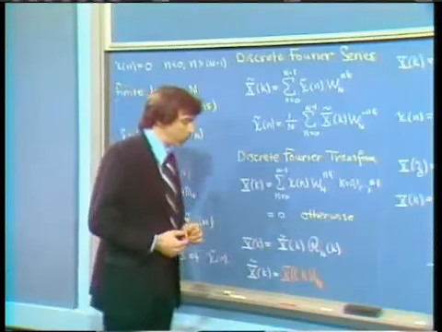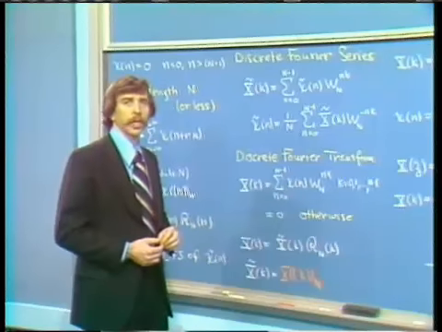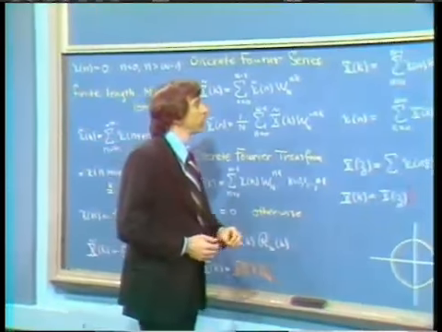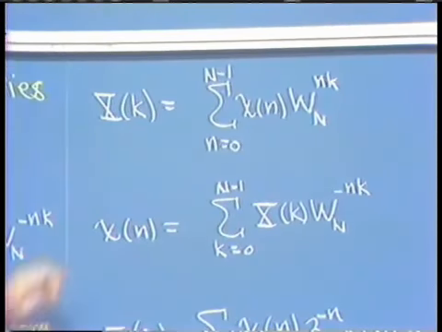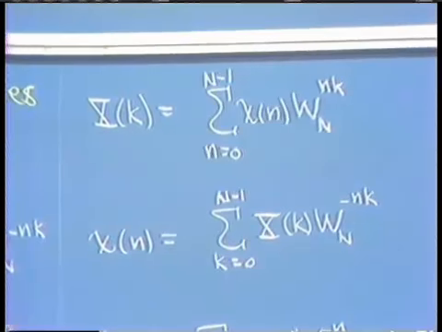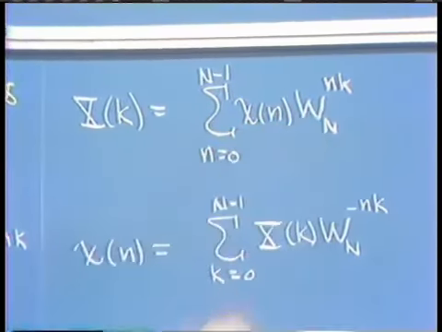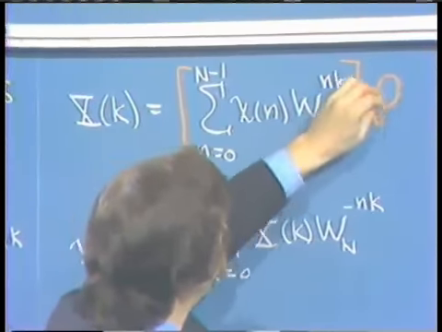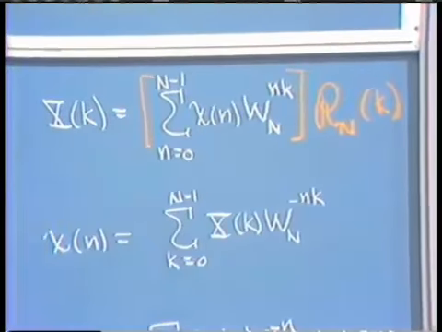Before discussing the properties, however, it's useful to relate the discrete Fourier transform to the Z transform, as we've talked about it previously. In particular, here we have the discrete Fourier transform relationship. Capital X of k is the sum from n equals 0 to capital N minus 1 of x of n, W sub N to the nk, although that has to be multiplied by R sub N of k to extract a single period.